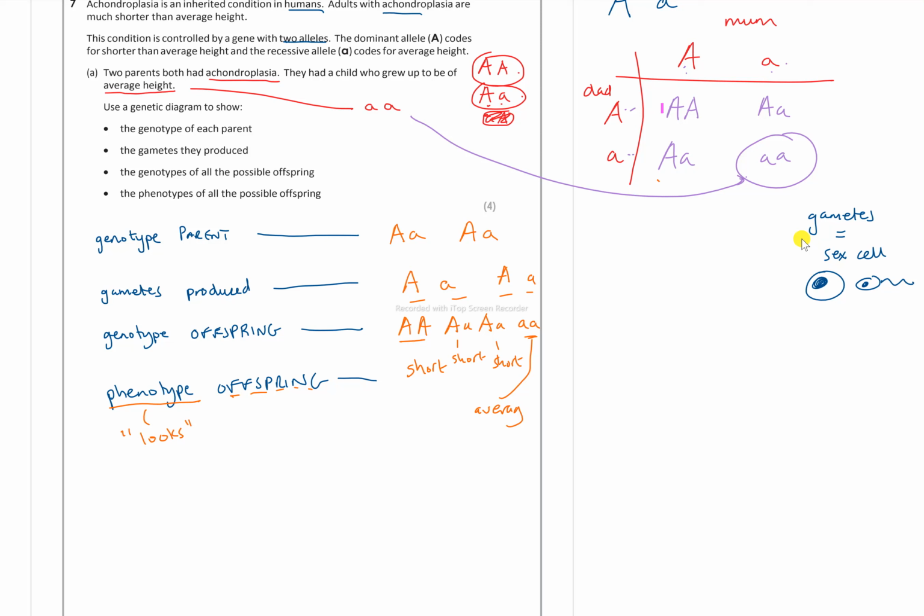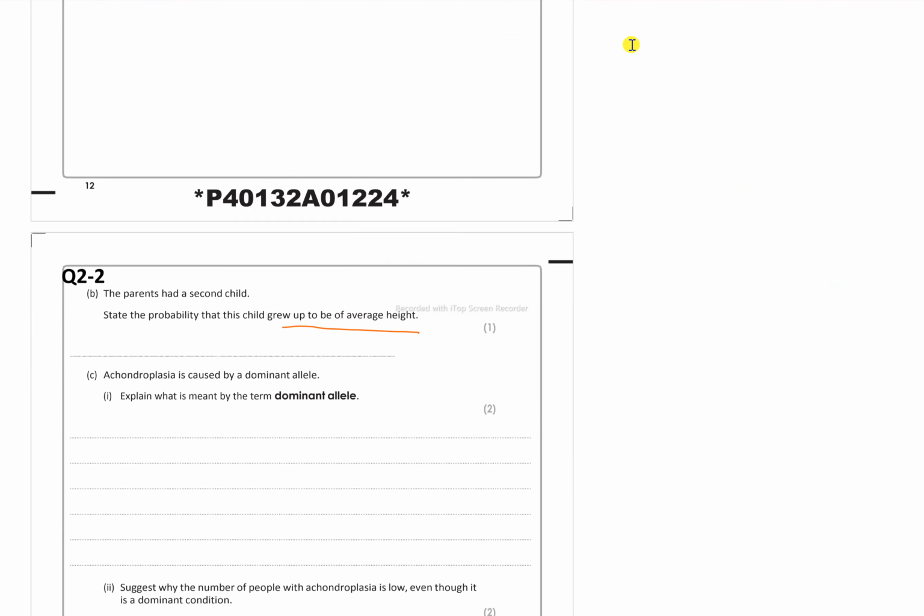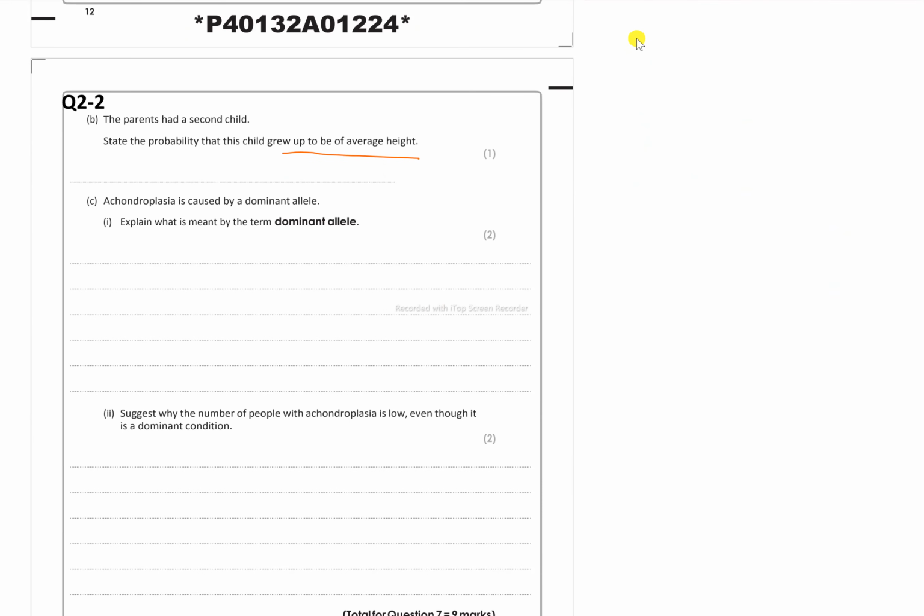So look, you've got short and average. The chance of you being short is 3 out of 4. The chance of you being average is 1 out of 4. So the probability that this child grew up to be average height is again a quarter.